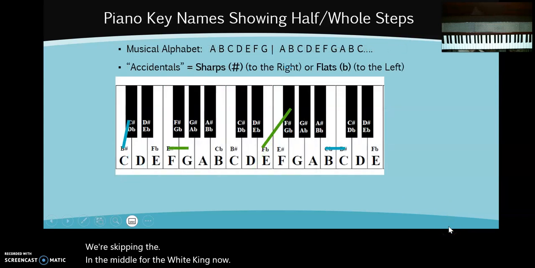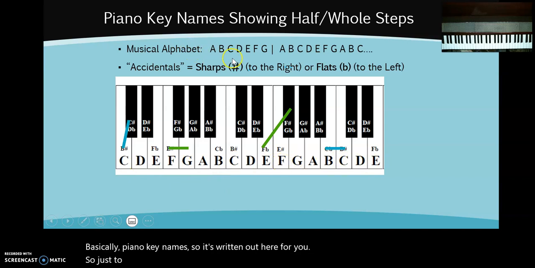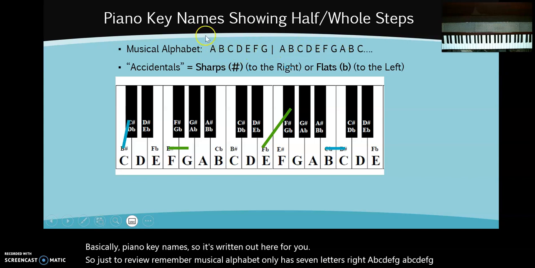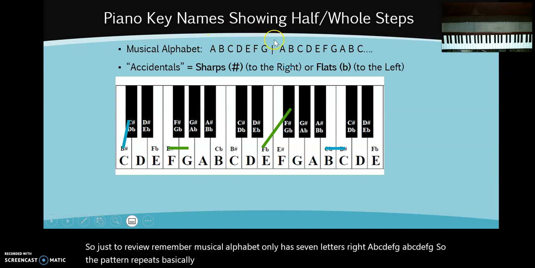So now we have basically piano key names. So it's written out here for you. Just to review, remember our musical alphabet only has 7 letters, right? A, B, C, D, E, F, G, A, B, C, D, E, F, G. So the pattern repeats basically. A, B, C, D, E, F, G, then you go back to A, and it repeats.